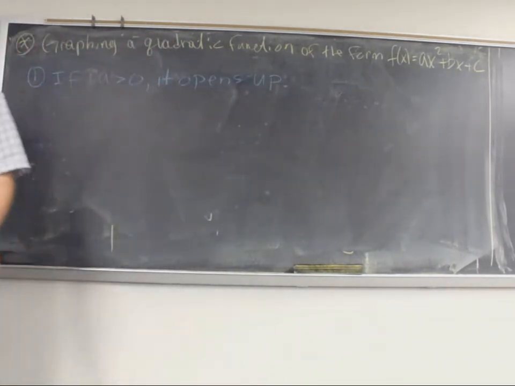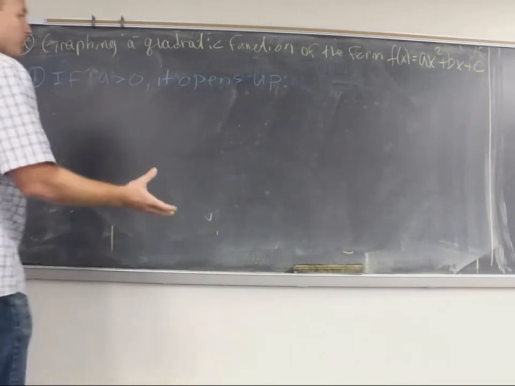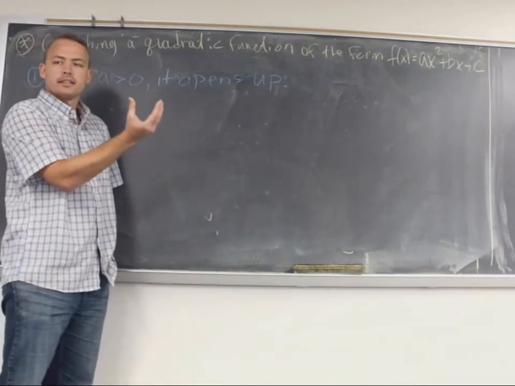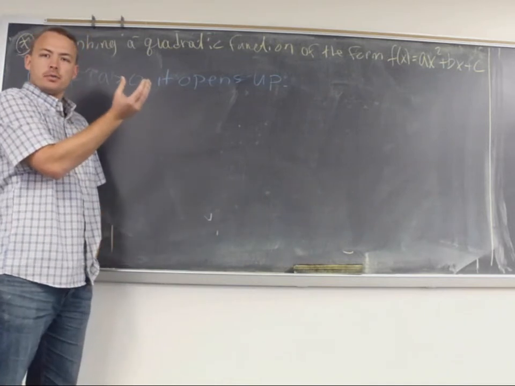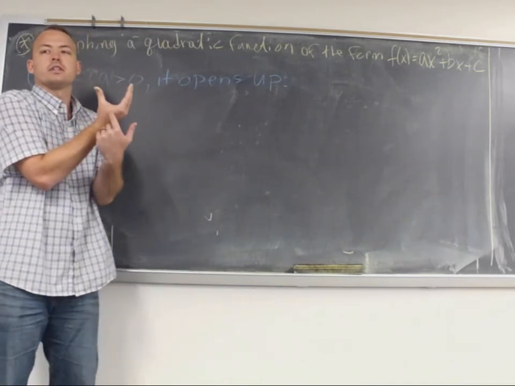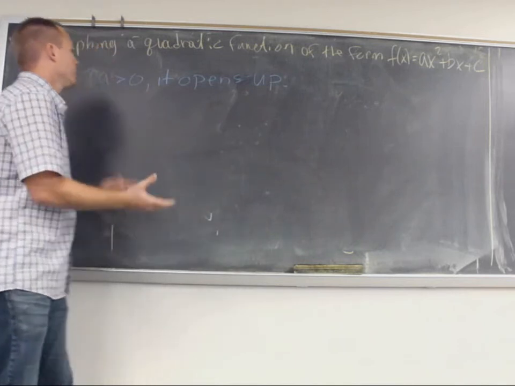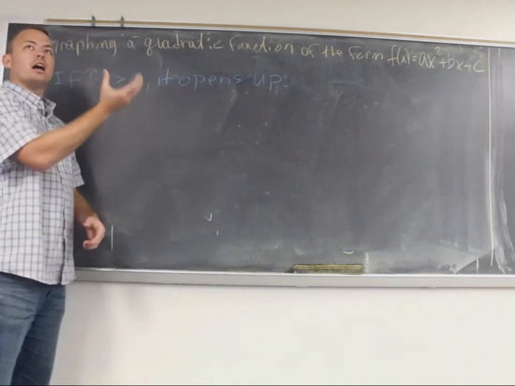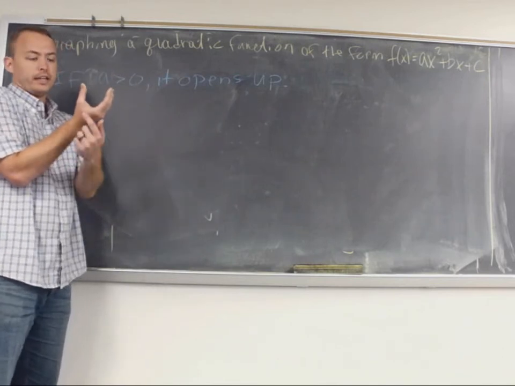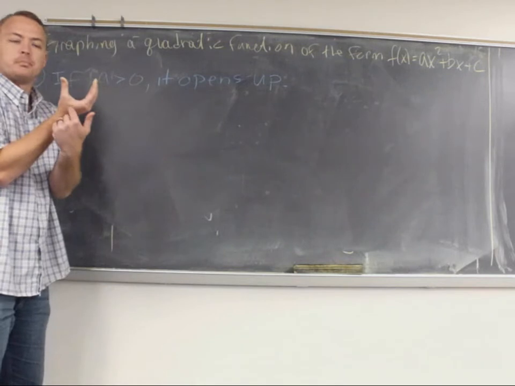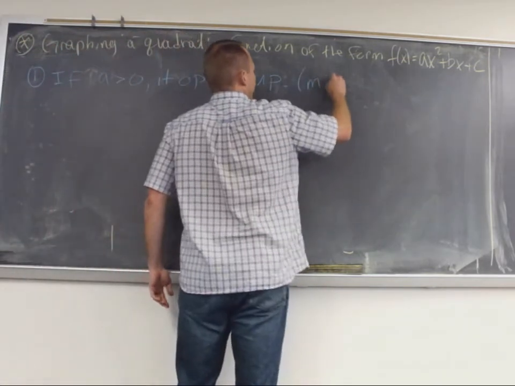When I say it, I mean the function we're working with. It opens up like this, like a cup, like a U. So if it opens up, that means we're going to have what type of value down here at the bottom? A minimum value. So if a is greater than 0, it opens up. Go ahead and think of it as up and form the U in your head or with your hand. So that gives you a min down here on the bottom.